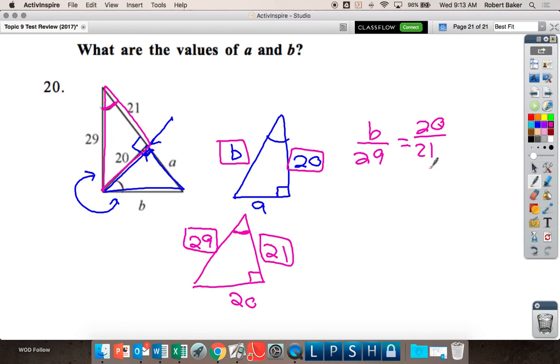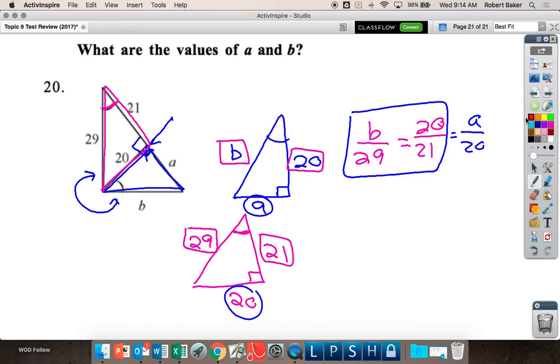So that will solve for B. Because I already have a proportion that works, 20 over 21, you can use 20 over 21 and A over 20 for your last one. So you can solve this set of proportions first, then you can solve that set of proportions second. You can cross multiply with the same proportion in the middle.